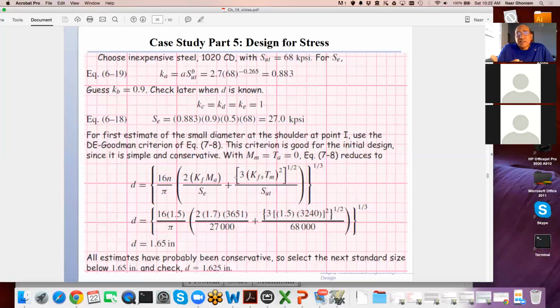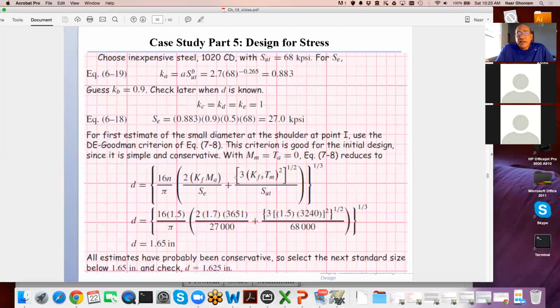Okay, so how does it come about? The ultimate strength times a factor gives us the endurance limit in the laboratory. Let's say this factor is half, so you go from 100 KSI to 50. Now, this SE in the laboratory, how does it translate to an SE for the shaft?